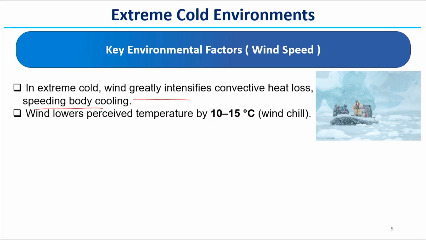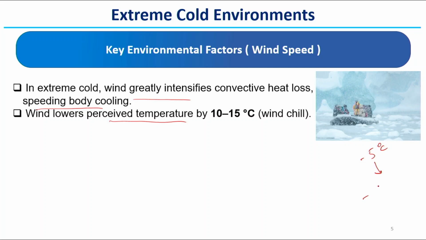Wind lowers the perceived temperature. That is called the wind chill effect. Suppose the temperature is minus 5 degrees Celsius, and the wind starts blowing, then the perceived temperature, the feels-like temperature, will typically be 10 to 15 degrees lower.